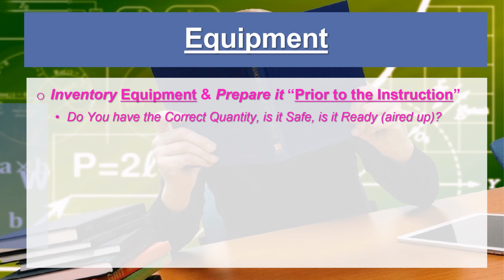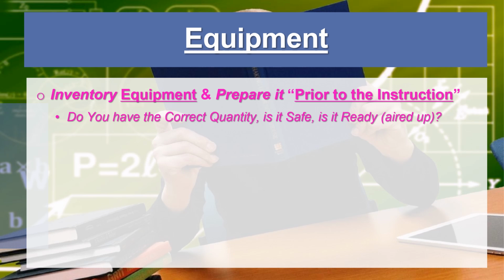So now that you know what your lesson plan is, next week, if you need specific equipment, we need to go down in the closet and check to make sure we have it. If not, you're going to have to provide it from somewhere. So you have to make sure you list the quantity, make sure you have the correct quantity for your group. Another thing, you have to ensure that the equipment is safe, all right?